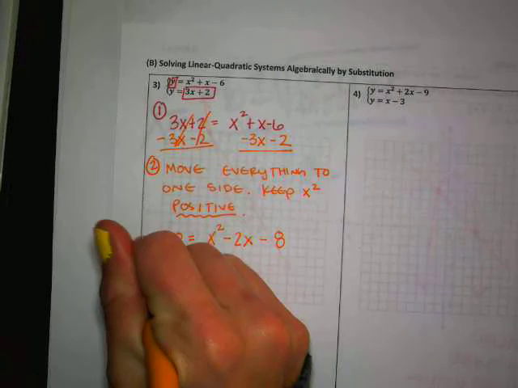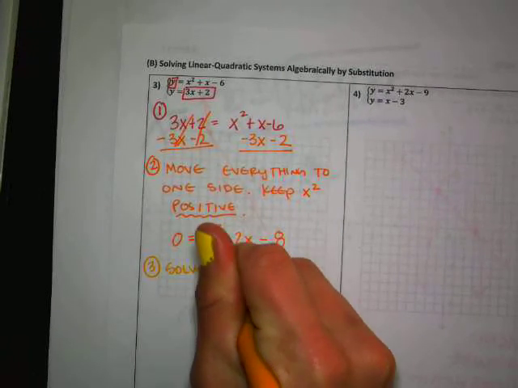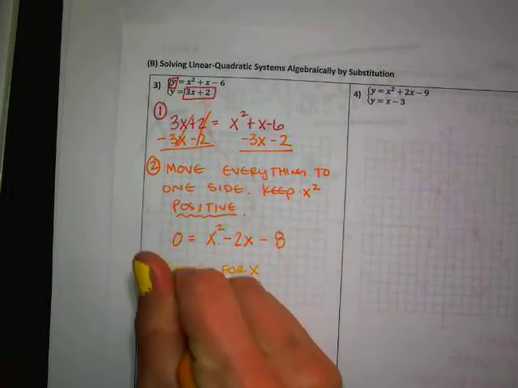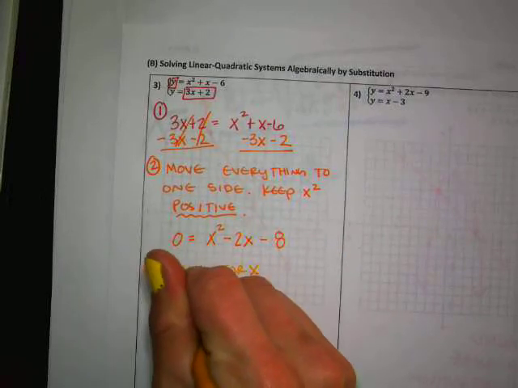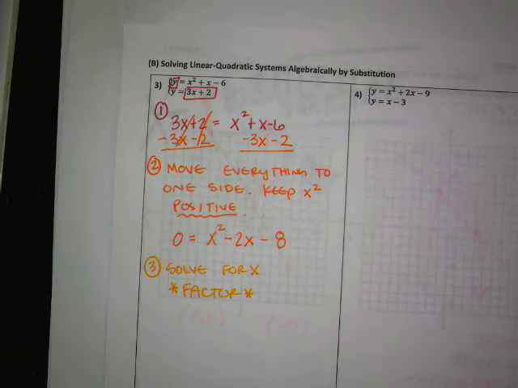Alright, the third step is going to be to solve for x. And if I were you, I would try to factor. Now, keep in mind all the ways that we have solved quadratics without a calculator. You could complete the square.